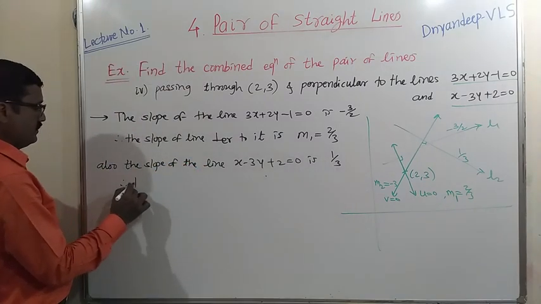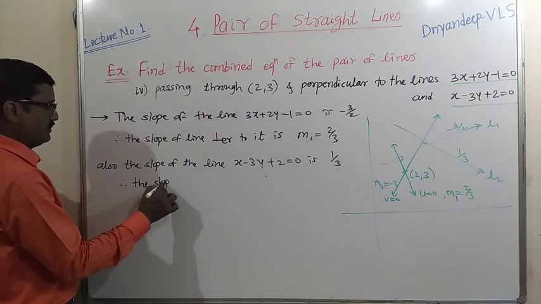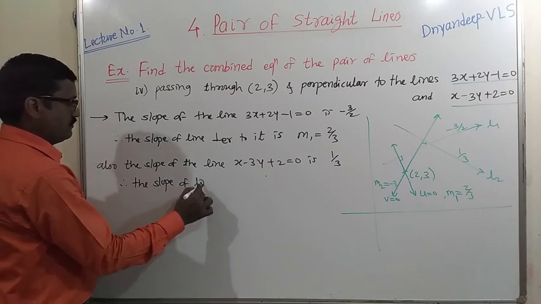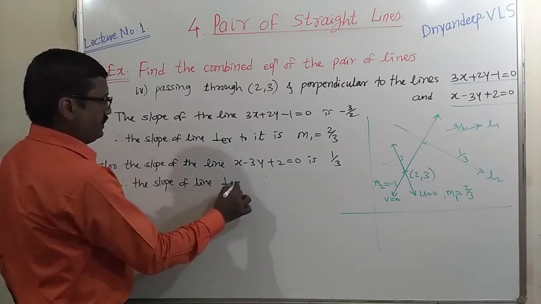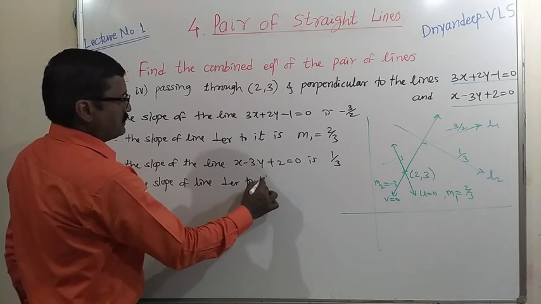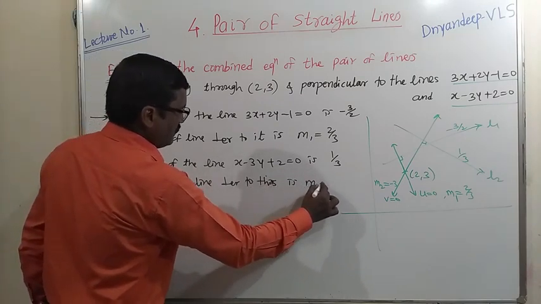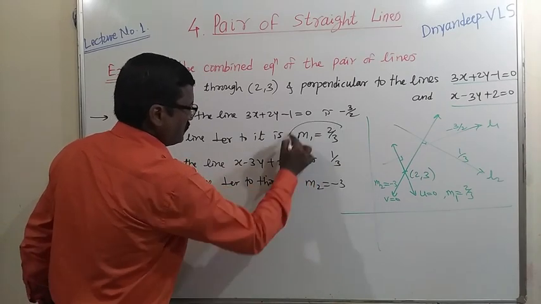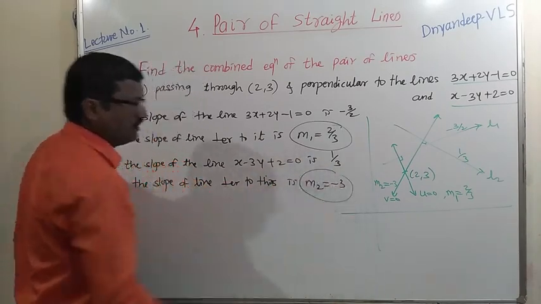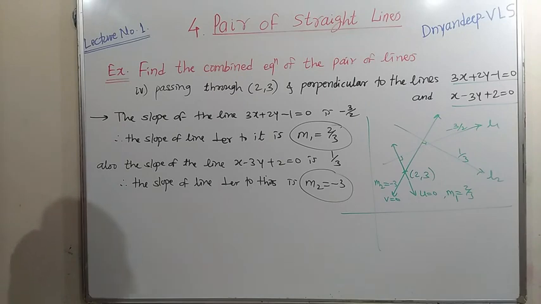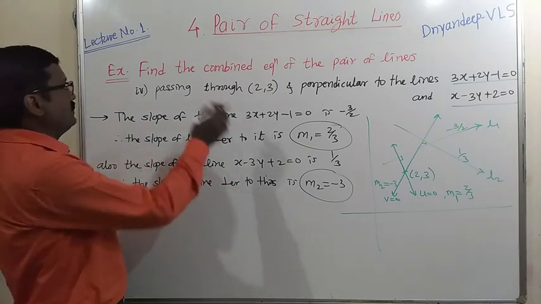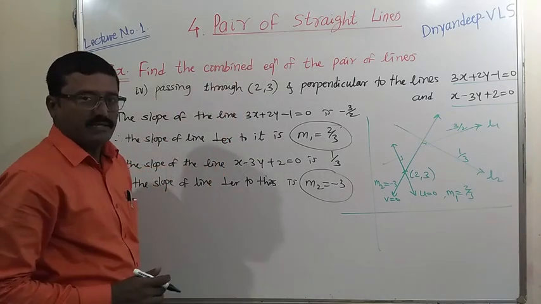Therefore, the slope of the line perpendicular to this is m2 equal to minus 3. So m1 equal to 2/3 and m2 equal to minus 3. These are the slopes of the required lines of which we have to find the combined equation.